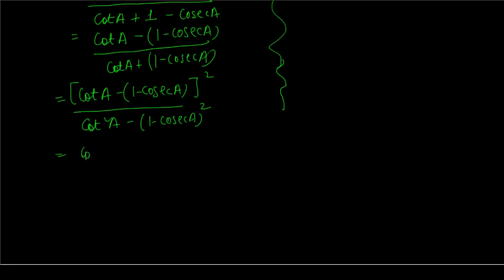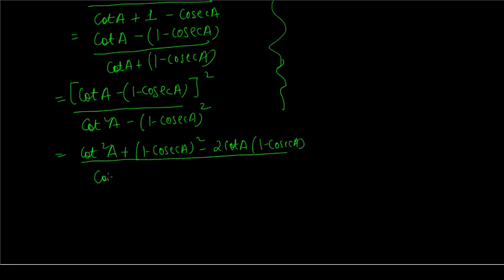Now open the brackets on both numerator and denominator. So you get cot square A plus (1 minus cosec A) whole square, minus 2 cot A into (1 minus cosec A), divided by cot square A minus, open this bracket, (1 plus cosec square A minus 2 cosec A). Clear? And this is still in the bracket, not opened. This square has been opened; we've just squared it. So now open the square as well.